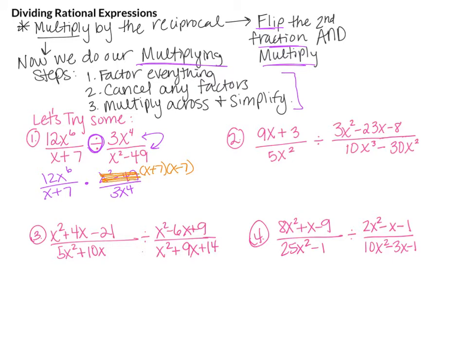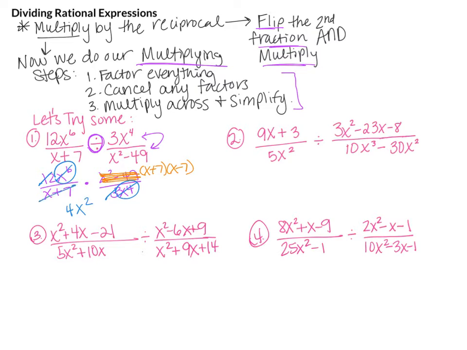Now that everything is factored, I can go through and start canceling off common factors and reducing. So I'm going to start with my 12 and my 3 can reduce down to a 4. Then my x to the 6th and my x to the 4th can reduce down to an x squared.